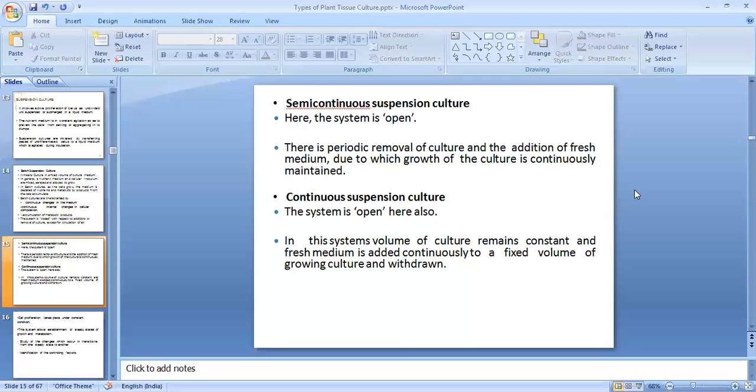And once the growth is over or the secondary metabolite is produced, it is automatically removed from the bioreactor by proper adjustments, and continuously the fresh culture medium is fed into the bioreactor without stopping the process.